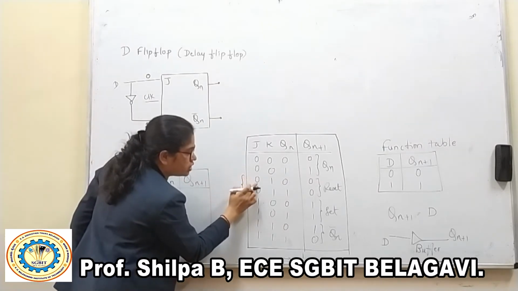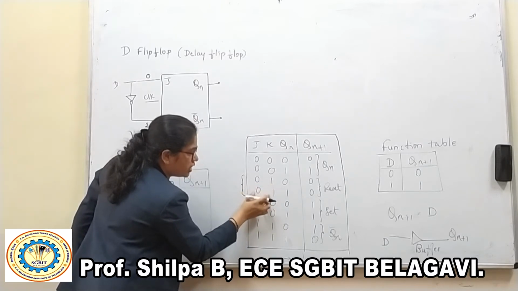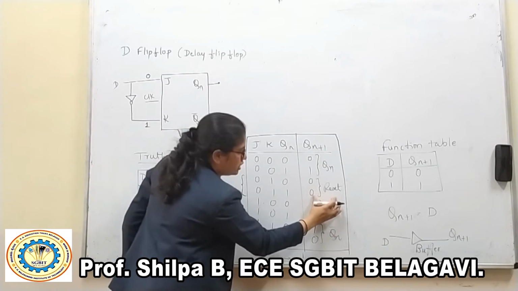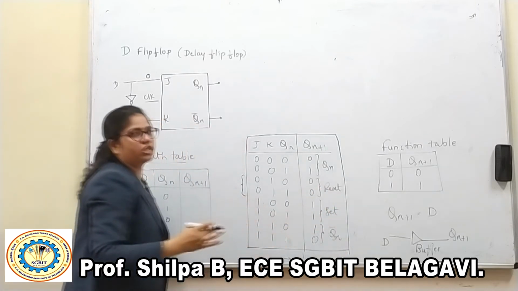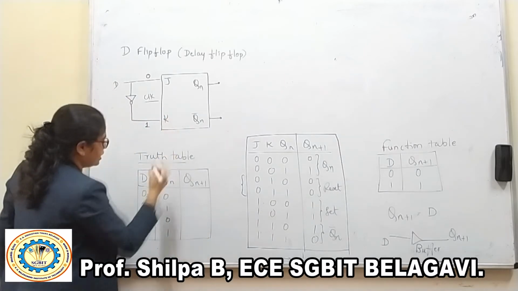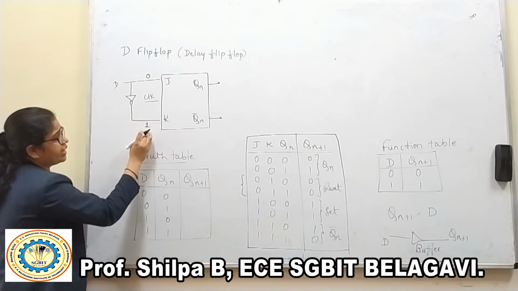The condition is J as 0 and K as 1. In this condition, with the inputs 0 and 1, I get the reset condition, that is, the entire circuit is going to be cleared. So this condition I am going to write here: J is 0 and K is 1.